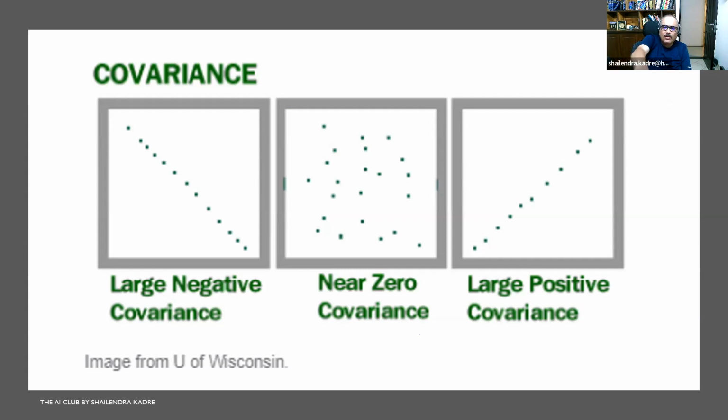And if it is 0, it is something in between, like the center plot you see now. Now you understood. Is correlation making sense to you guys? So do you think it is standardized?